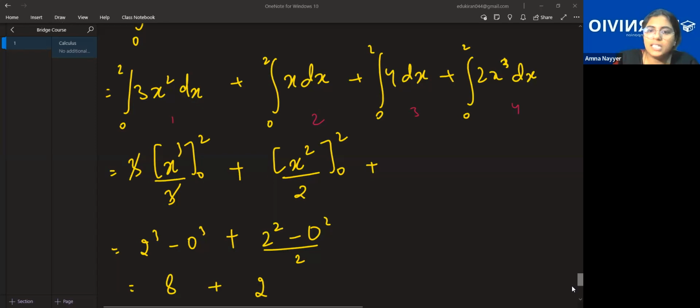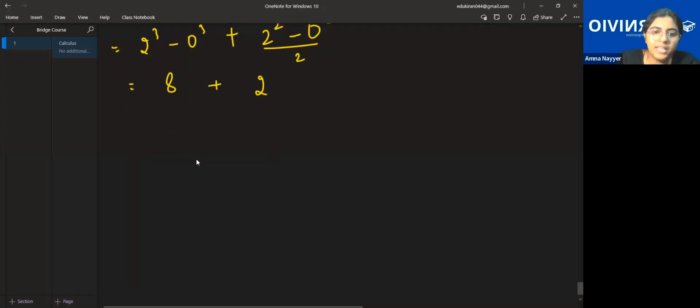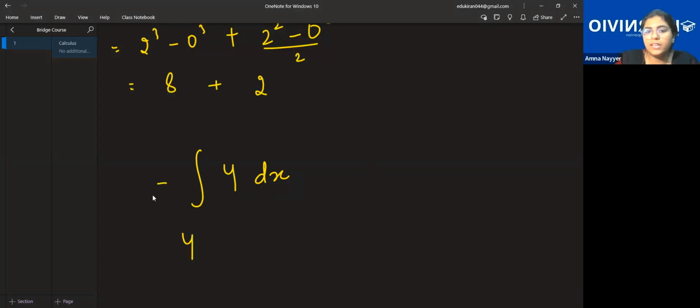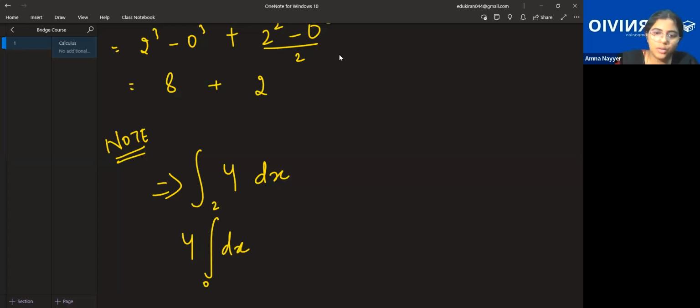See, here we have integration of 4 dx. Where is the x in between them? Nothing. We do not have that x in between, right? We directly have 4 dx. See class, 4 is a constant term. When you have this, 4 will come out and we'll be just left with the integral of dx from 0 to 2. Remember class, whenever you have the integral of dx, that becomes x. If you have the integral of dt, that will become t.